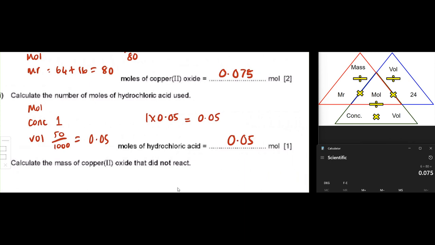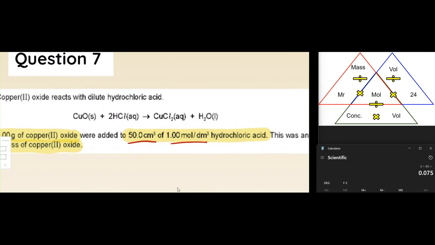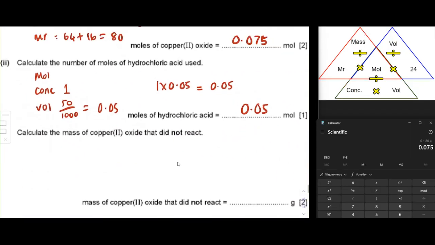Now it's asking me to calculate the mass of copper oxide that did not react. If I look at my balanced equation, I can see a 2-to-1 ratio. For every 1 mole of copper oxide, I've got 2 moles of hydrochloric acid. So if I've got 0.05 moles of hydrochloric acid, I've got half the amount of copper oxide, so I need to divide by 2.